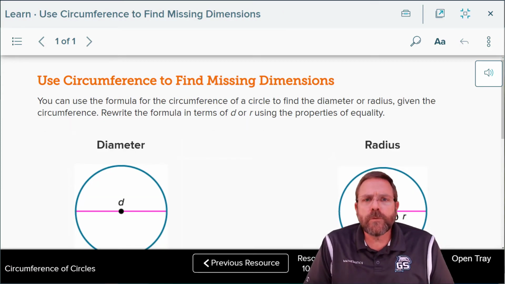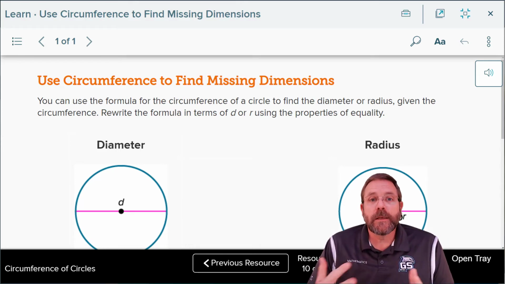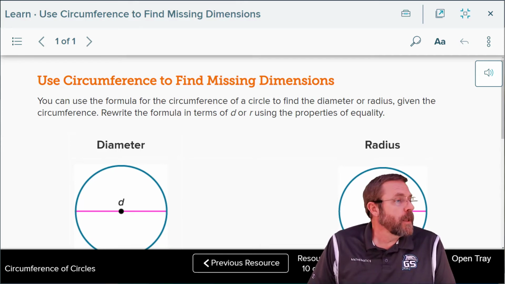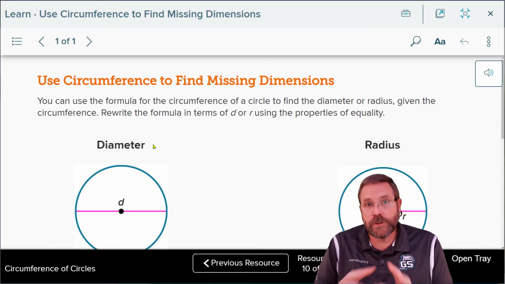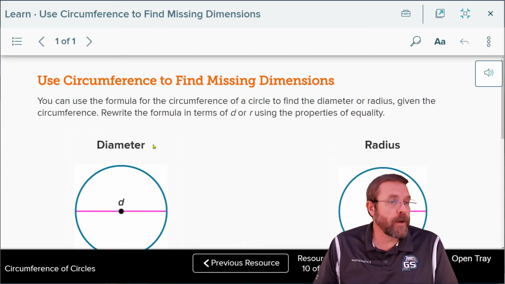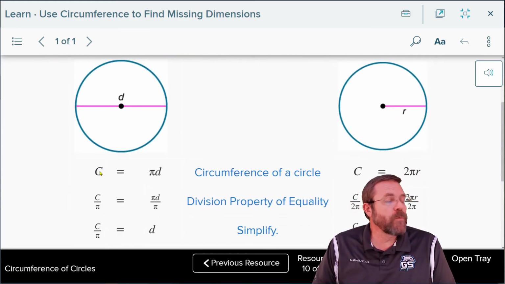Now we could also use this formula to find a missing diameter or a missing radius if they give us a circumference. The textbook is going to start off by showing us an approach to just change the formula around for each of them. So the diameter formula is what we're looking at right now, which was circumference is equal to pi times diameter.